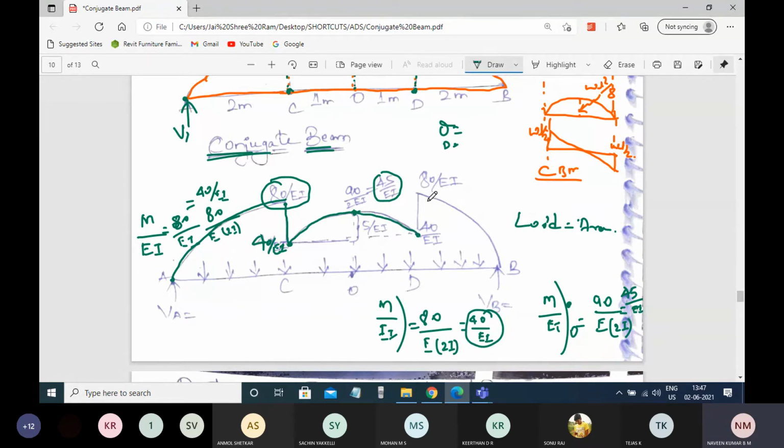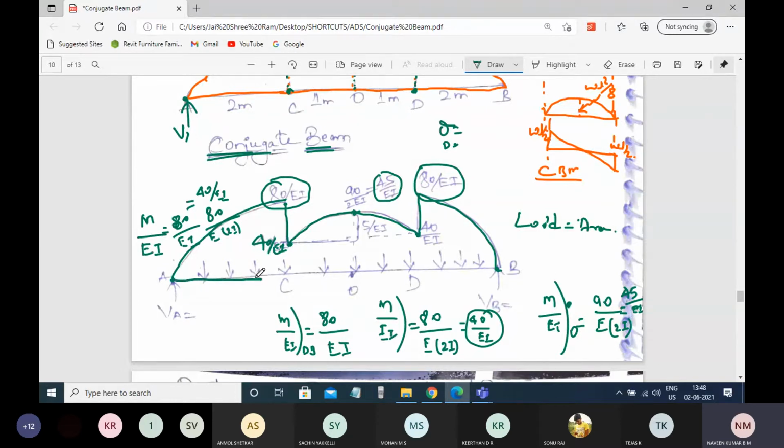Next, similarly at point D, for the DB span, M by EI is 80, with E remaining E and I remaining I, so it equals 80 by EI, as we have shown here. At point B, the moment M is 0, so M by EI equals 0.